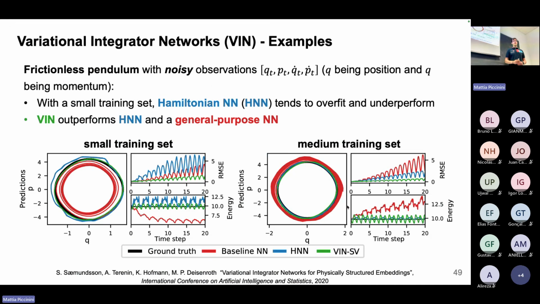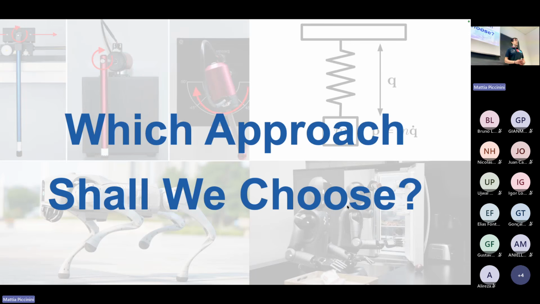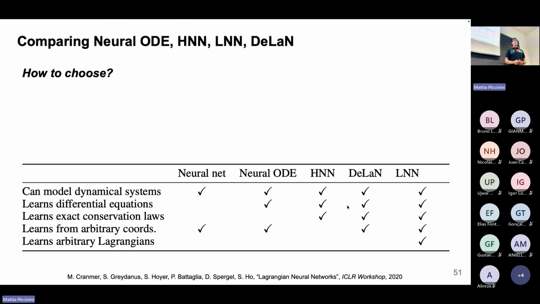Okay, so here are different approaches, but which one should we choose? I mean, it depends on our application use case. The people that presented Lagrangian neural networks also made this nice table that summarizes the pros and cons. So basically, if we have physics priors available, then we can choose a set of approaches.